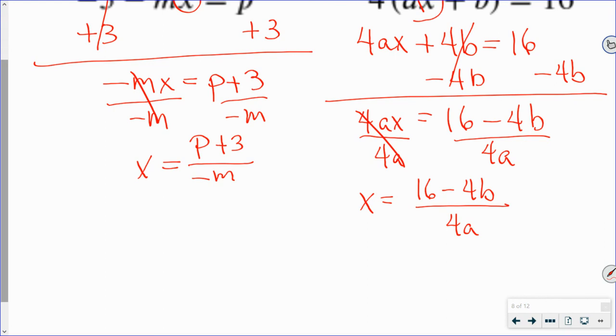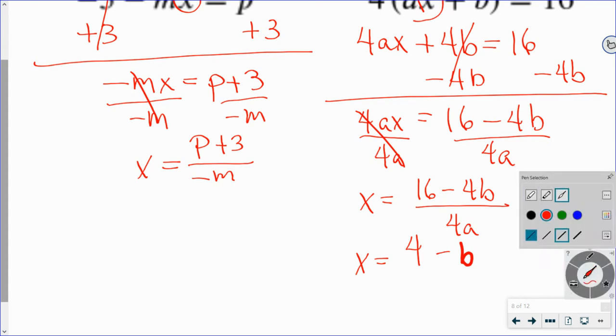But we really need to say, well, 16 divided by 4, that is going to be 4. And negative 4 divided by 4 is just negative 1, or I have a b left. So this would be 4 minus b, and I divide by 4, so I'm left with a in the denominator.